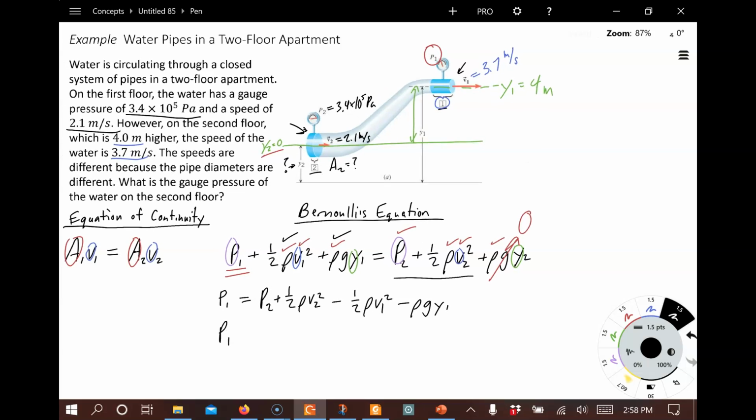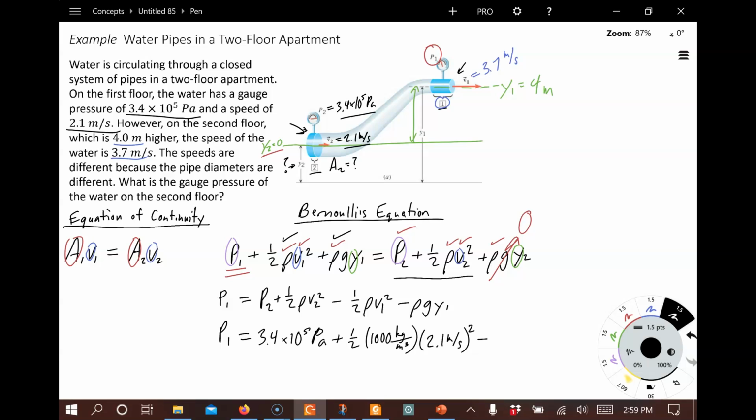So P1 is going to be equal to P2, which we know here, 3.4 times 10 to the 5th pascals, plus 1/2 rho, 1,000 kilograms per meter cubed, density of fresh water, multiplied by V2 here, 2.1 meters per second squared.